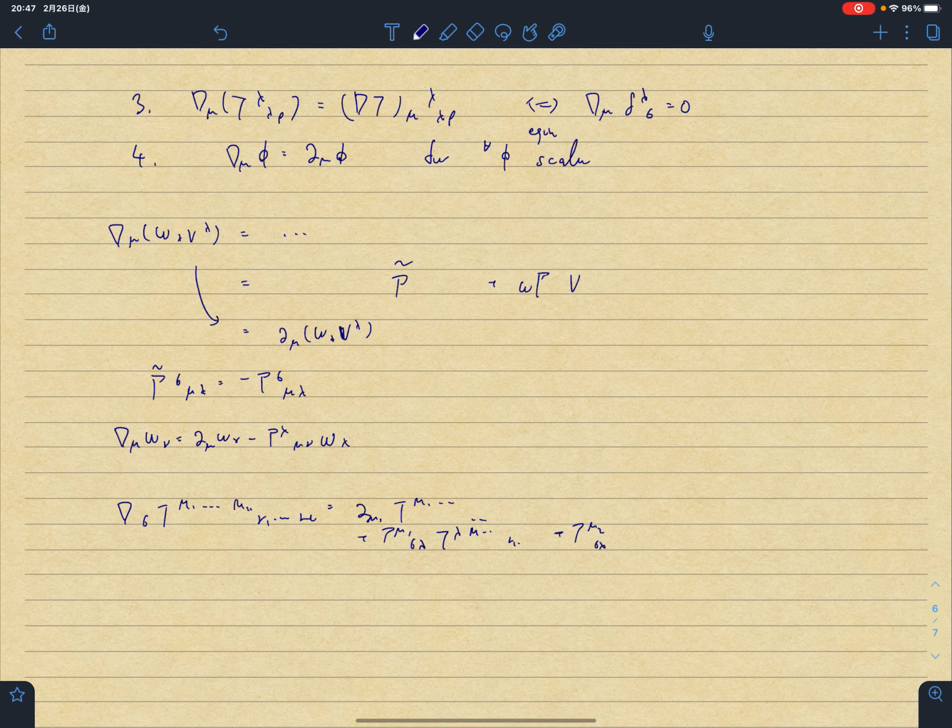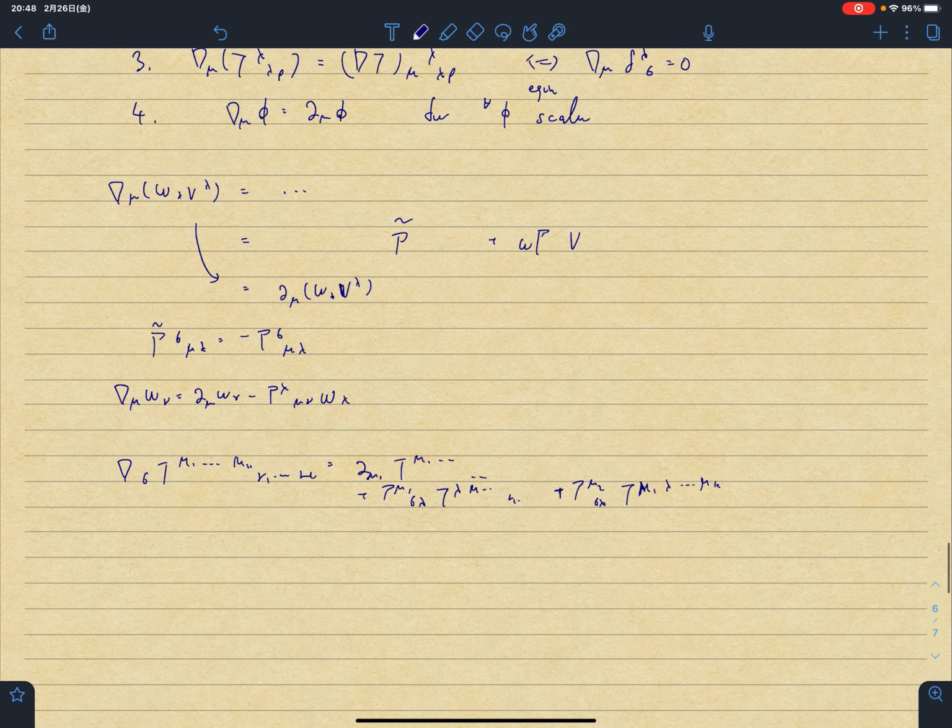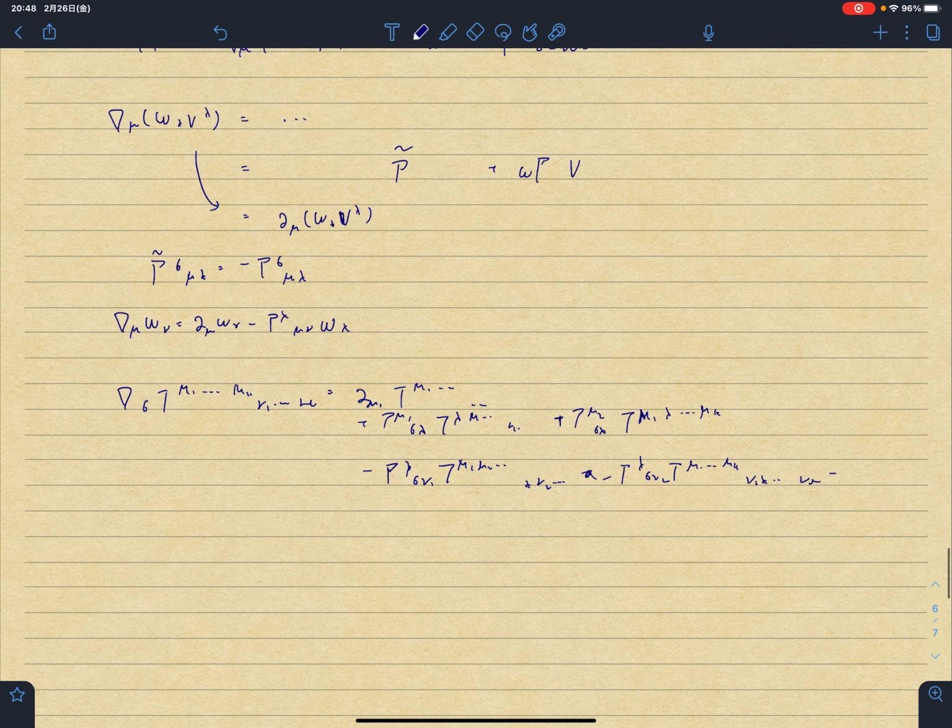The covariant derivative. This is the general process.